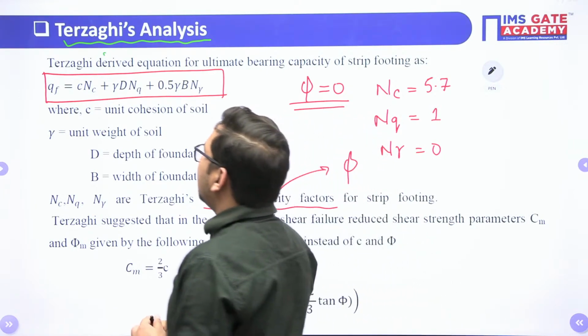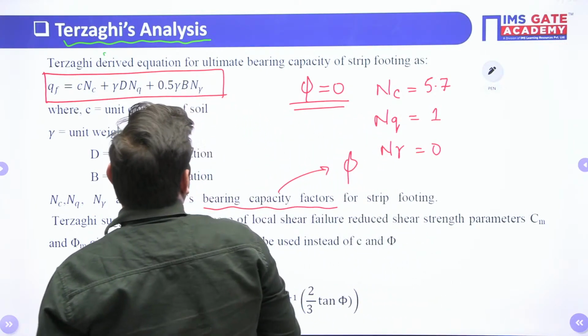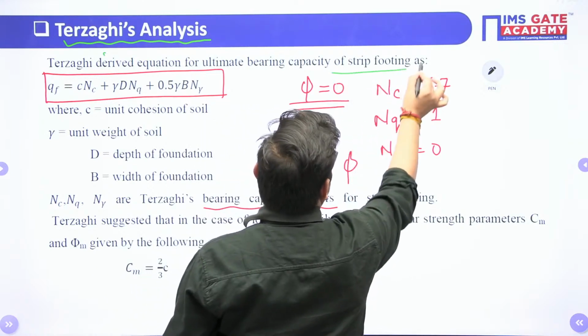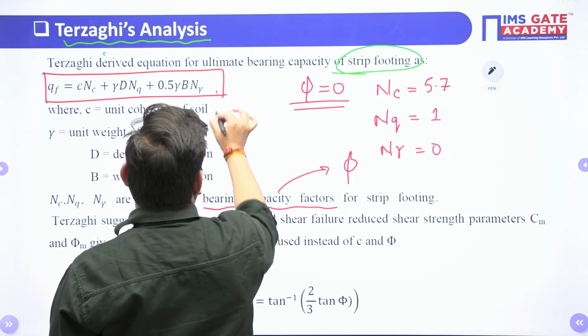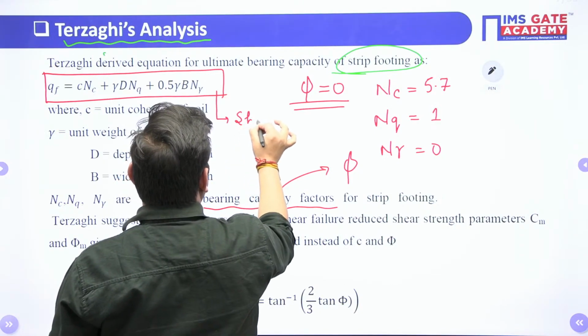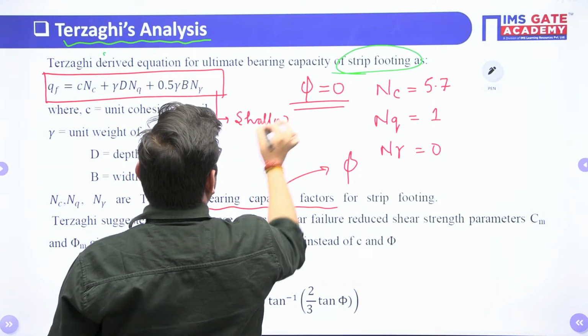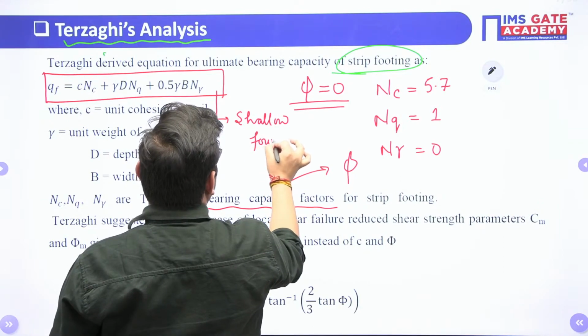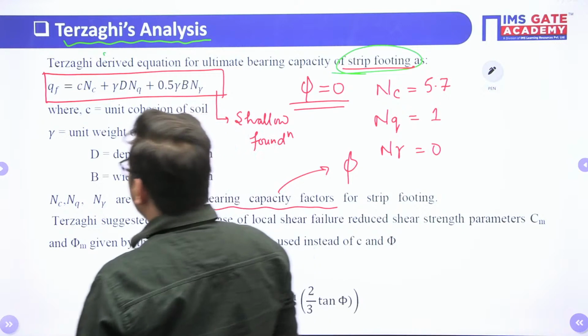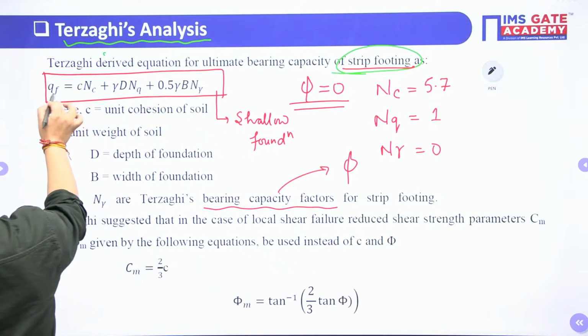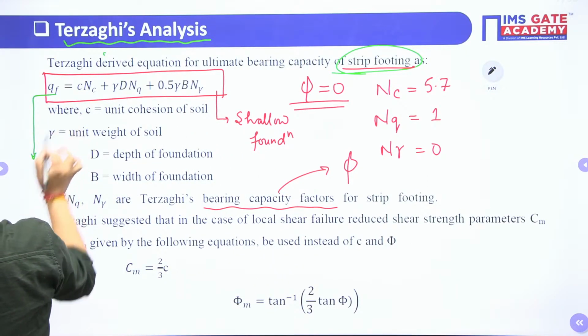Now this equation is only valid for strip footing. Also, it is only valid for shallow foundation. There are different assumptions. In this formula, there is one major assumption that it is valid for general shear failure.